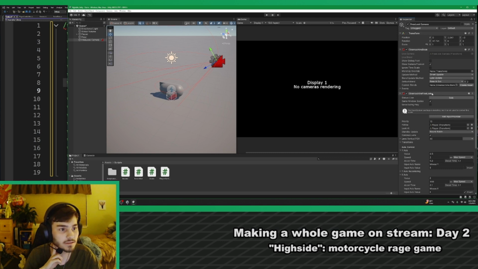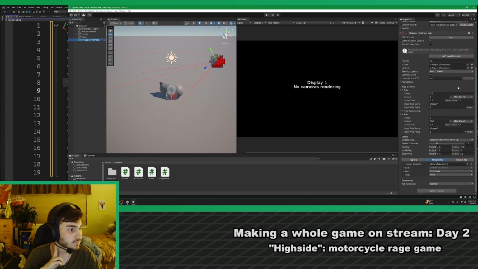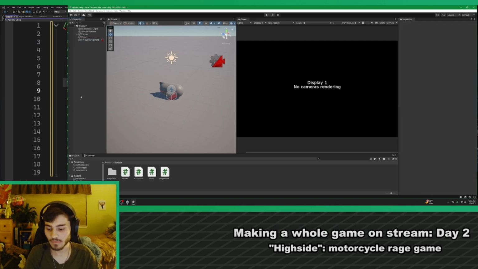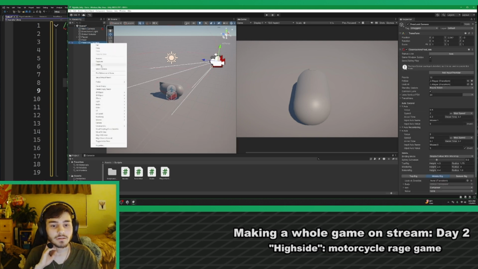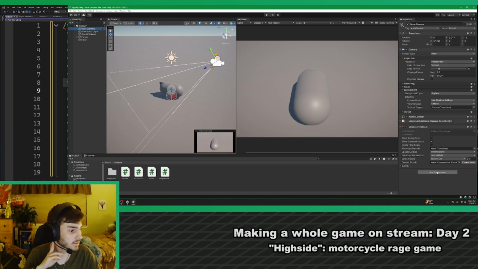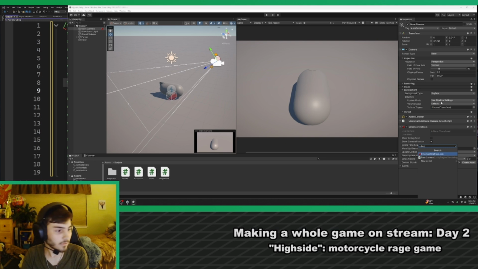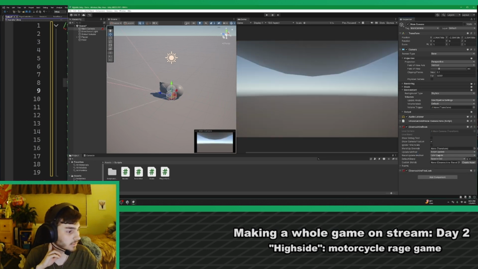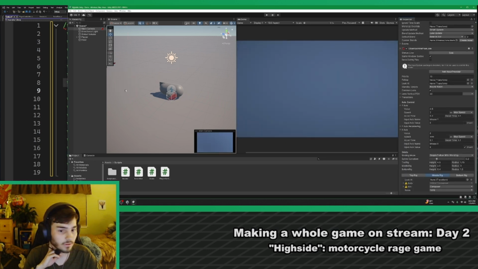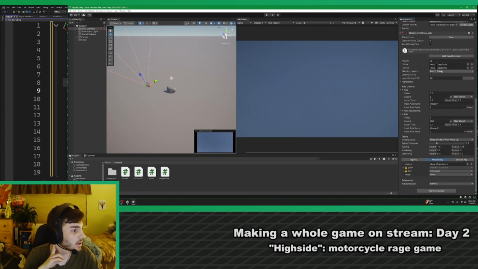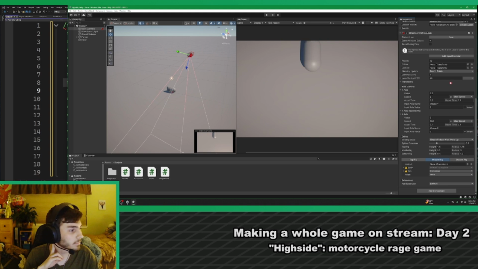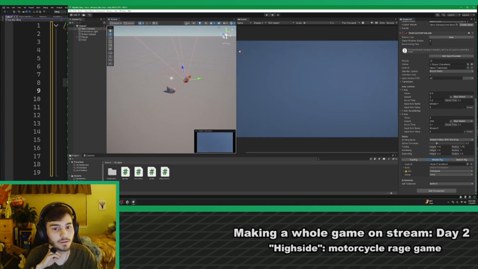Okay, why is it saying there's no camera now? Okay. Well, I'll take that out and just put free look on this. Free look. Put the layer on the player.